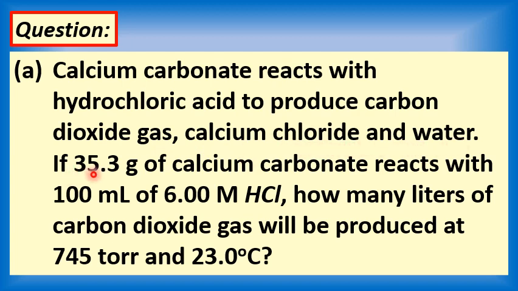If 35.3 grams of calcium carbonate reacts with 100 milliliters of 6.00 molar hydrochloric acid solution, how many liters of carbon dioxide gas will be produced at a pressure of 745 torr and at a temperature of 23.0 degrees Celsius?